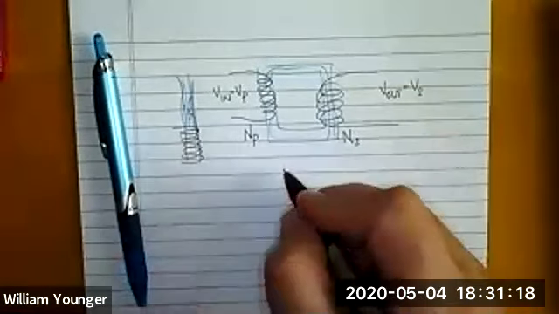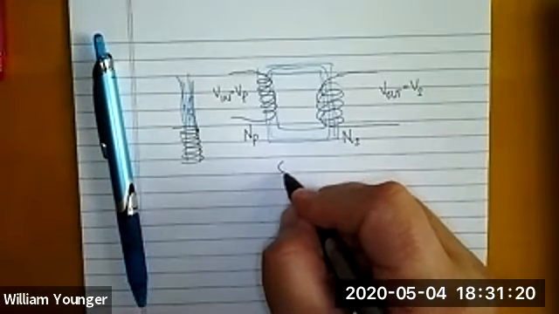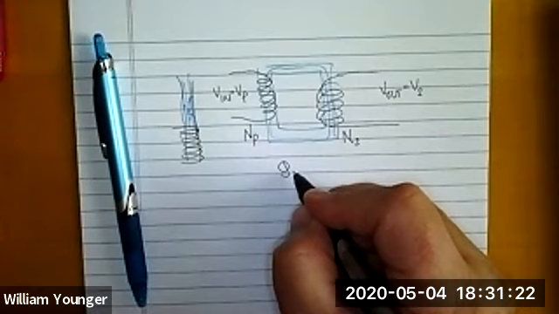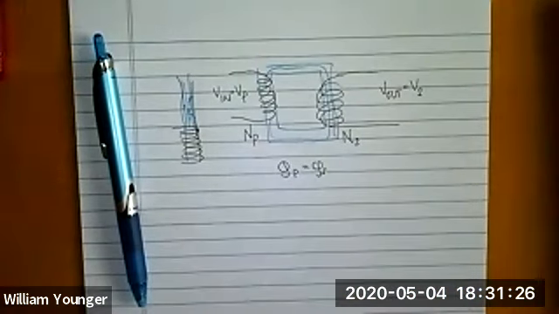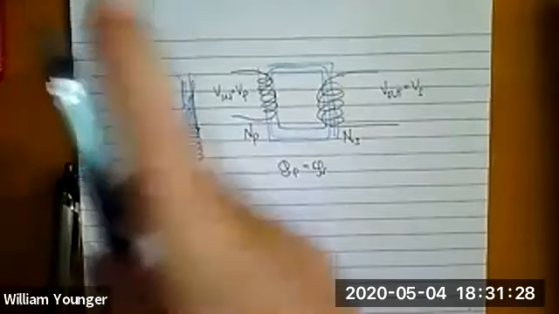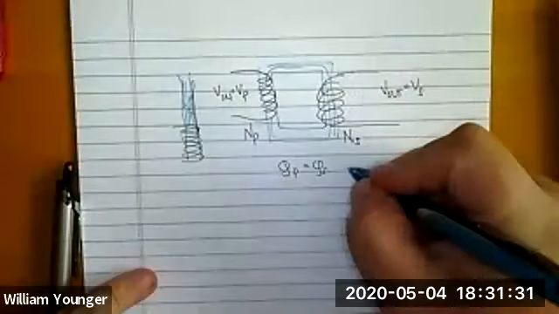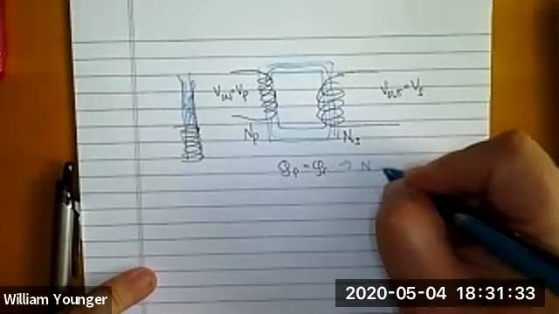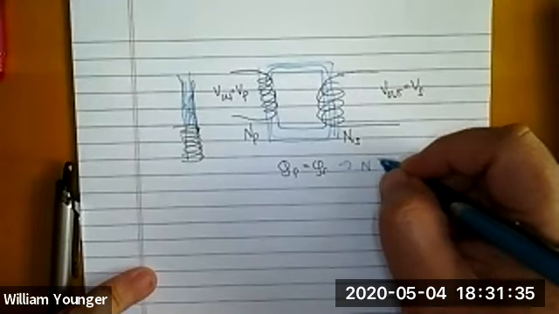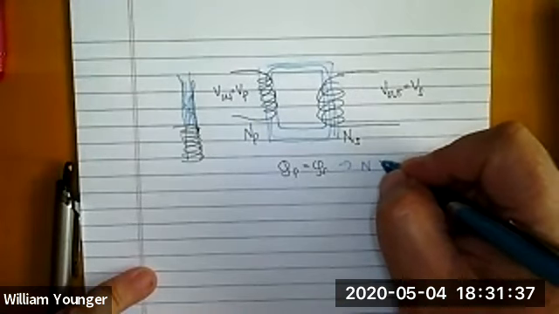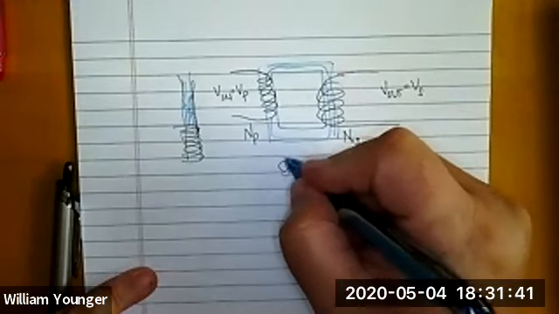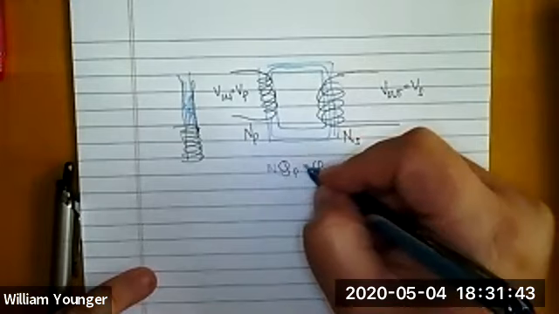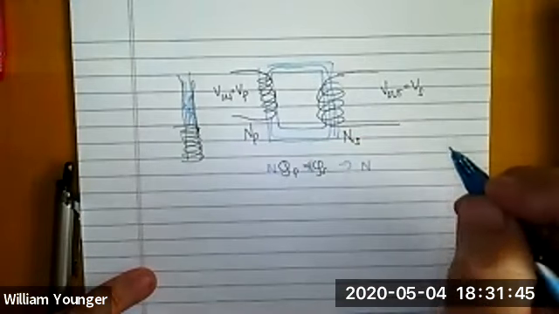If it's an ideal transformer, then the flux in the primary is equal to the flux in the secondary. Well, we know what the flux is. It turns out the flux is actually N times phi. So I should really say the induced EMF, if you will, more so than the flux. N times phi is equal to N times phi.